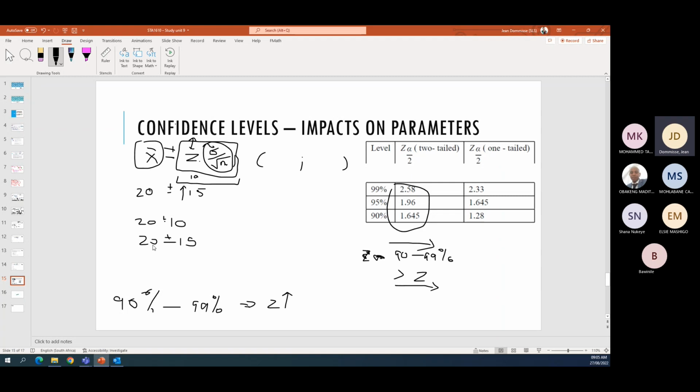So the first thing is that if we increase the level of confidence, we increase the Z, and by increasing the Z, we are basically increasing the gap in the confidence interval.